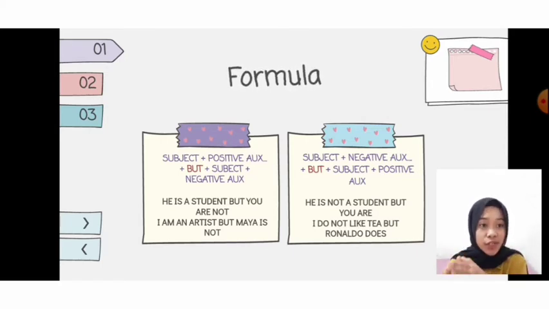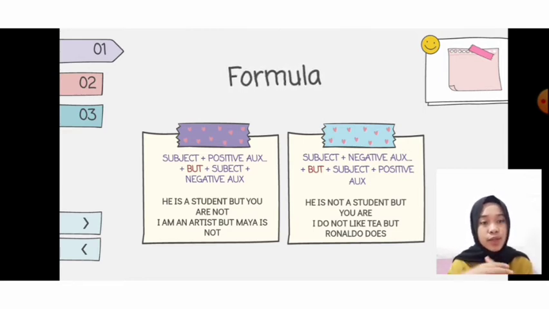So the position is the same, the subject first, then the auxiliary, but the difference is that if a sentence starts with a positive context, then it must be followed by a negative context or added with not. But if the first sentence starts with a negative context, then there is no need to add not.